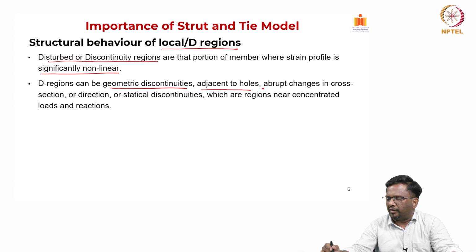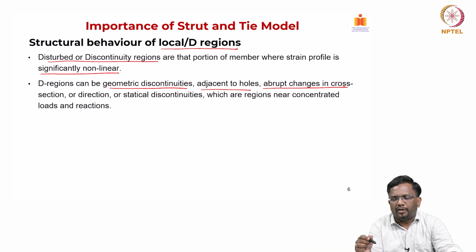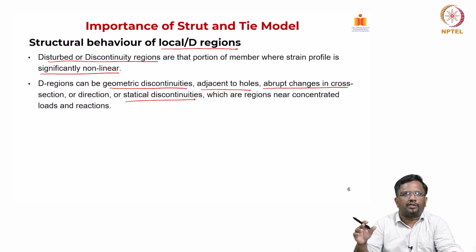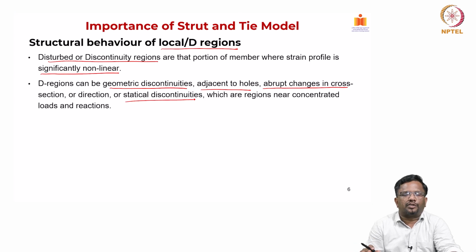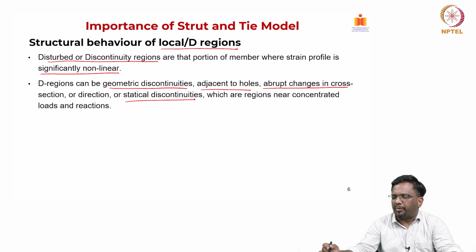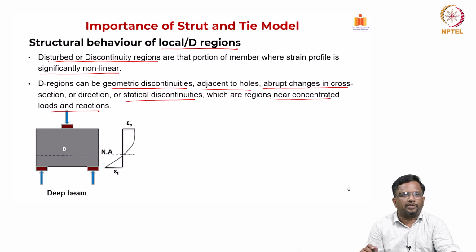Wherever there is an abrupt change in cross section, you can also have a D region. Wherever you have statical discontinuities, where concentrated forces are applied externally, those regions are also disturbed regions, typically near concentrated loads and reactions.